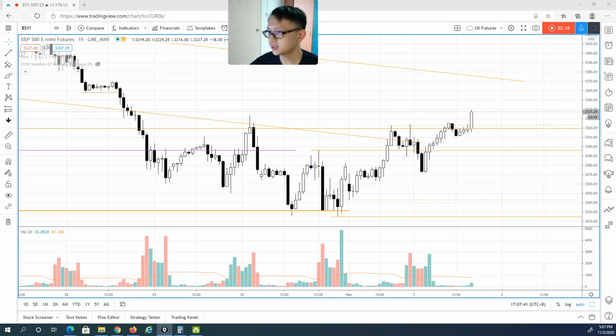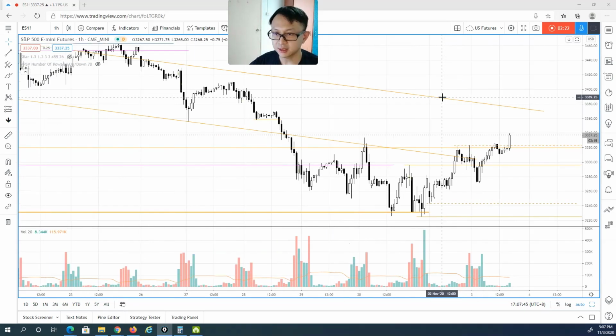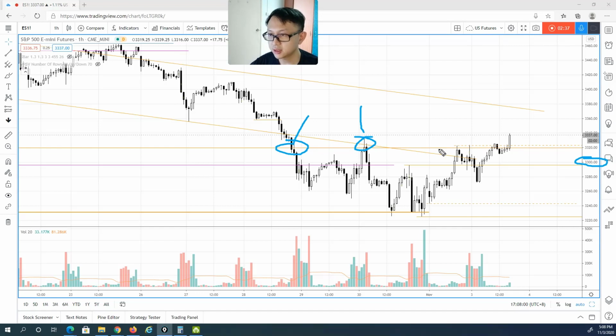If we take a slightly zoomed out view, we can see that the immediate resistance level is right at this level, 33.20, or if you want, you can extend it to about 3300. It has been touched quite a few times. You can see there's one rejection here, and this is the sell-off point, and also another rejection during the US session.